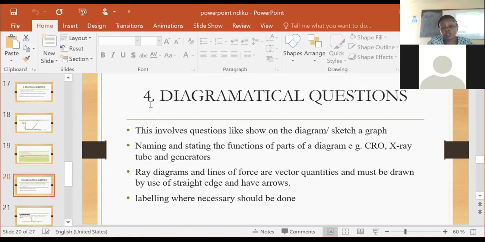So the lines must be drawn with a straight edge. In the case of magnetism, knowing the magnetic fields, it's good to make sure they don't overlap. It must be drawn clearly.